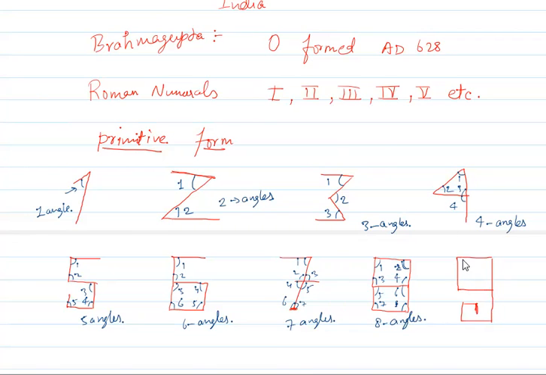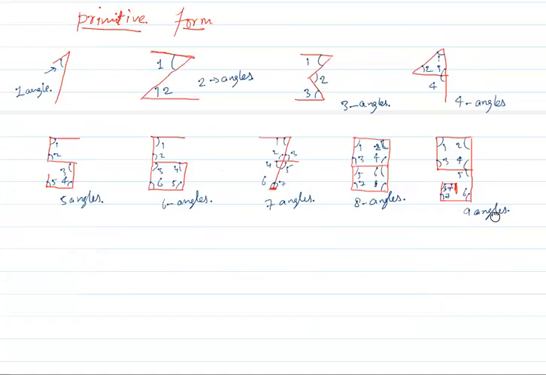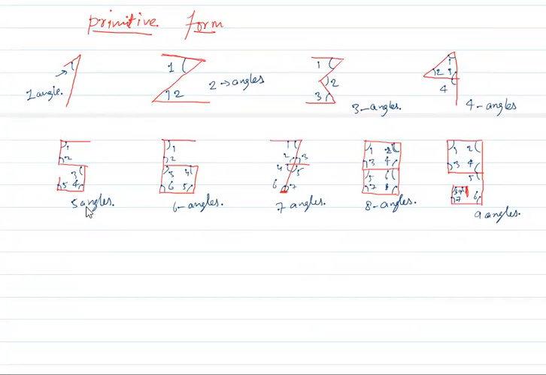Now count the number of angles: 1, 2, 3, 4, 5, 6, 7, 8, and then this one is 9. So a total of 9 angles. And then the most interesting one out of them all is 0. How does a 0 look? Like this. So how many angles are there? 0 angles.